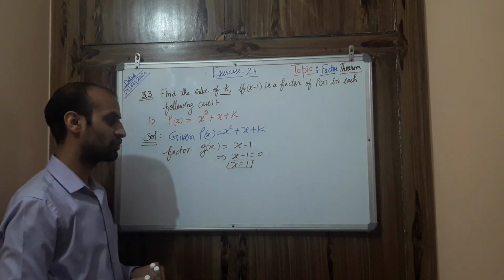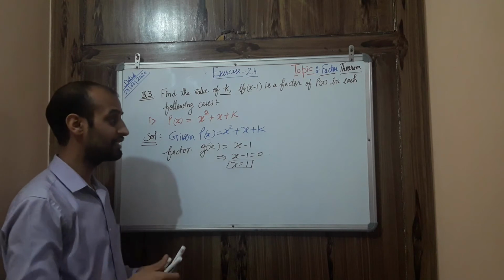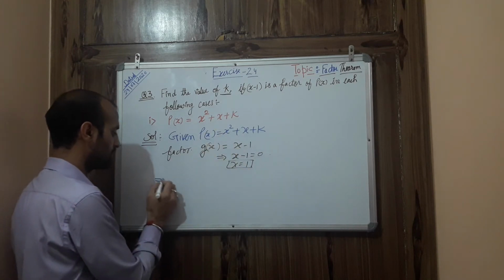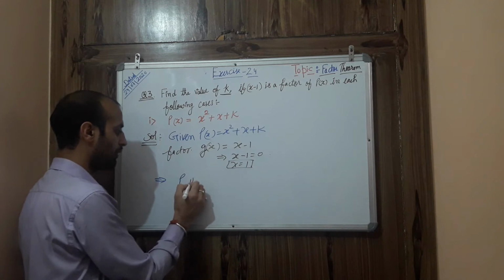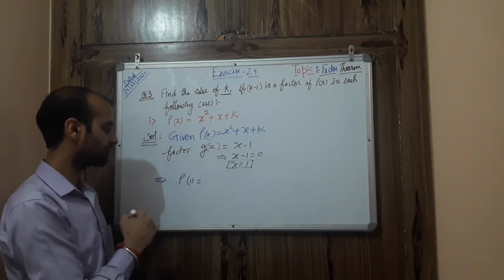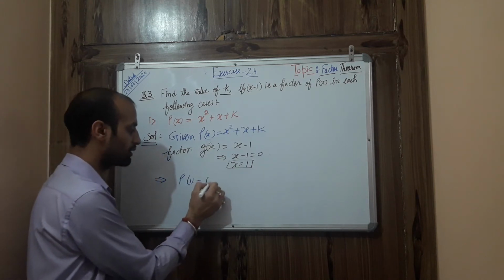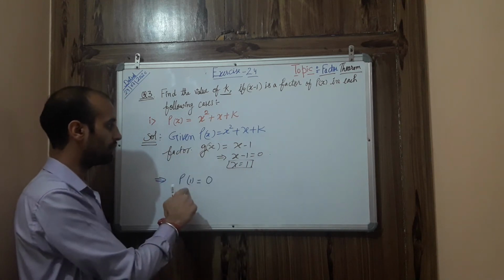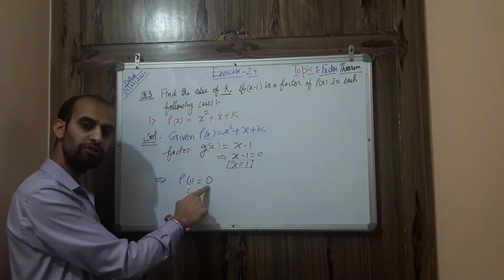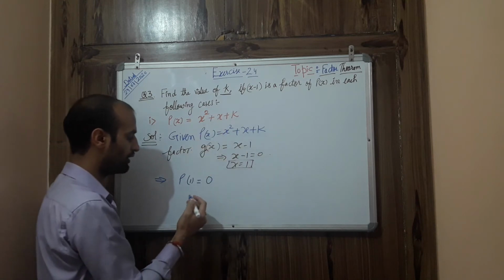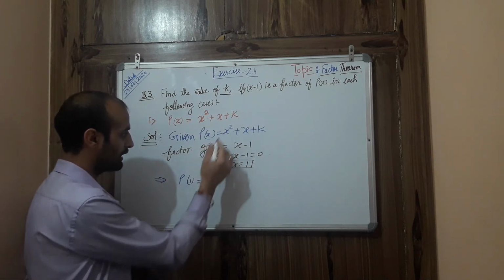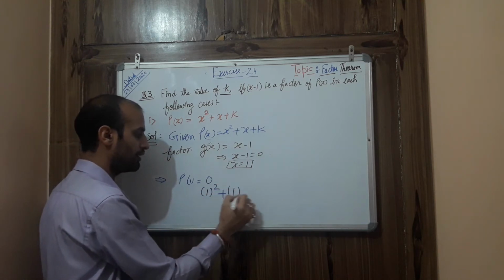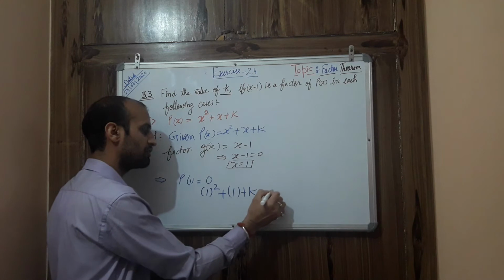Next, to find the value of k, substitute this value in the above equation, which implies p of 1 must be equal to 0 because it is a factor. If any number is a factor, after substituting in the polynomial it must be equal to 0. So first I write 1 raised to power 2 plus 1 plus k, and by definition it must be equal to 0.